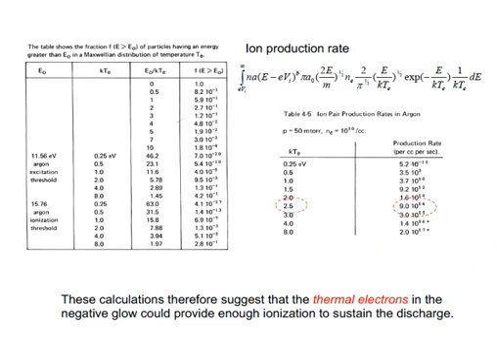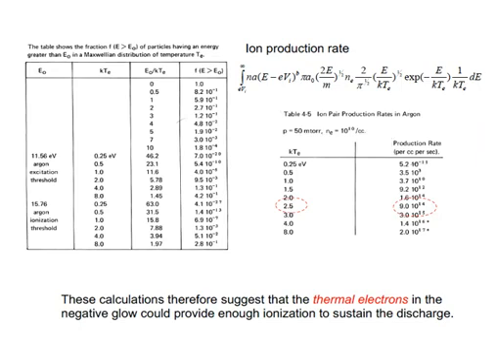If we consider the ratio of the high energy tail and the electron density, if we consider both conditions, in a plasma with 50 millitorr of gas pressure and electron density of 10 to 10 per cubic centimeter.